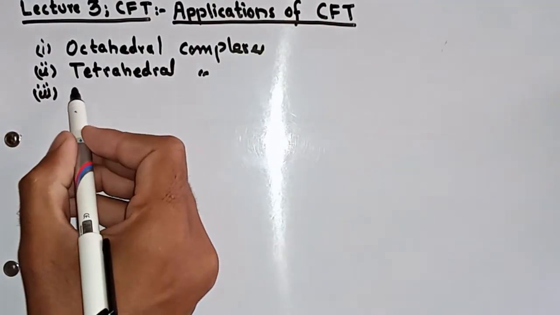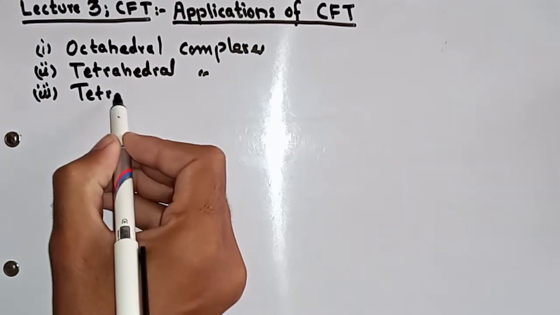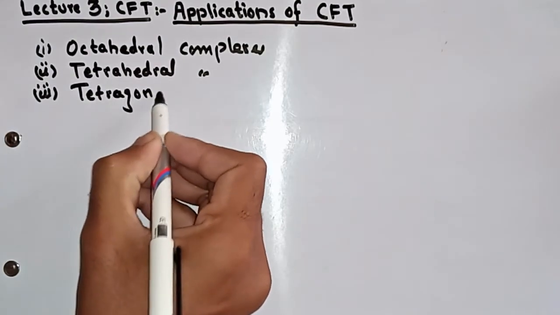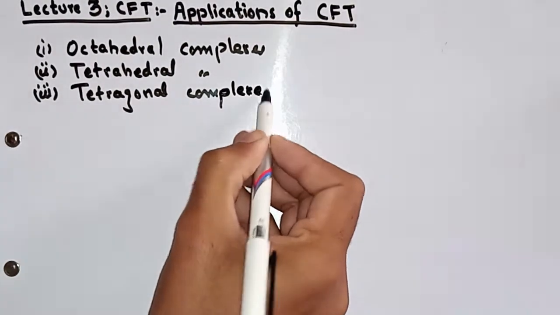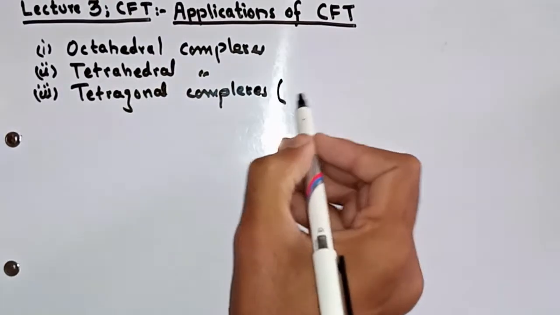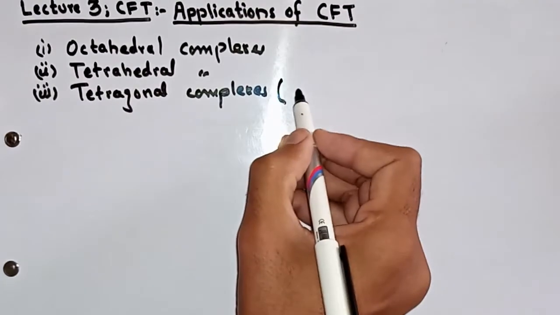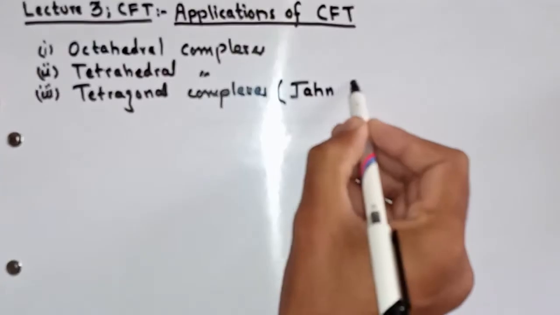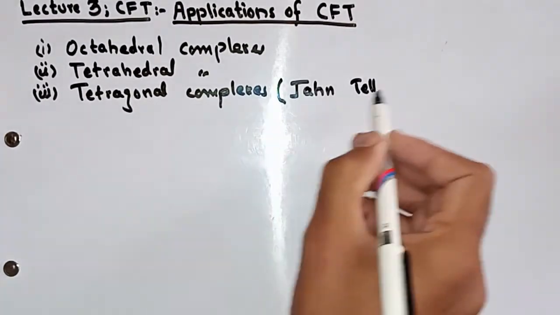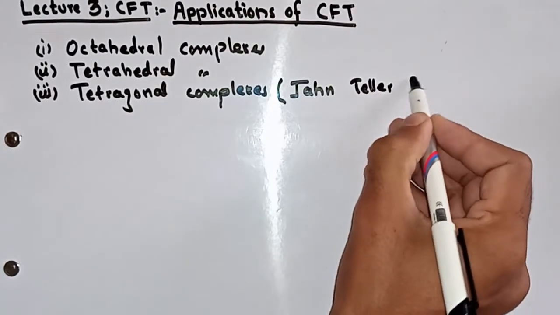It can also be applicable to tetragonal complexes. Here is one term we will explain in a separate video, called Jahn-Teller distortion. Tetragonal complexes are due to Jahn-Teller distortion.